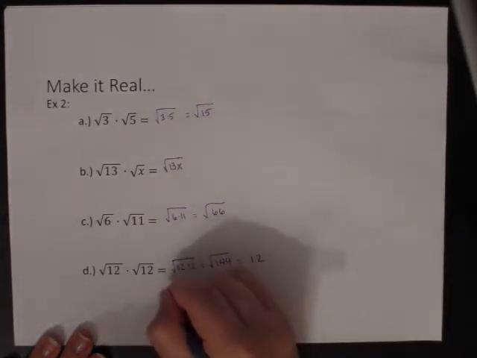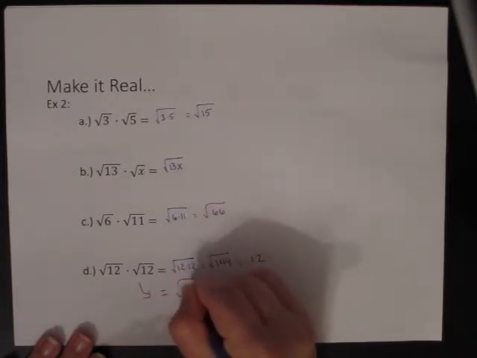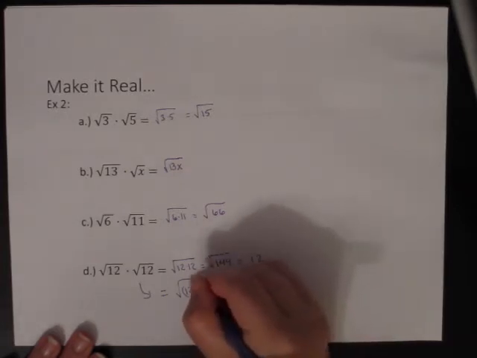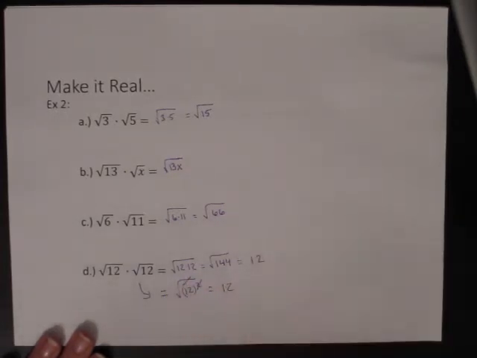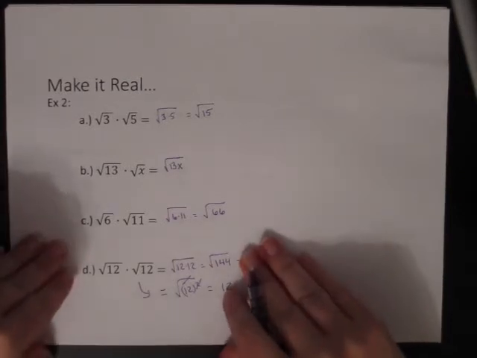But remember, another way that you could approach this problem is you could go the square root of 12 in parentheses squared, and remember, square roots and squares cancel each other out, which just leaves me with 12. Either way completely works. It's your decision. Just make sure you show work.